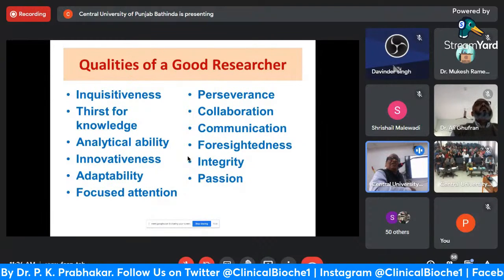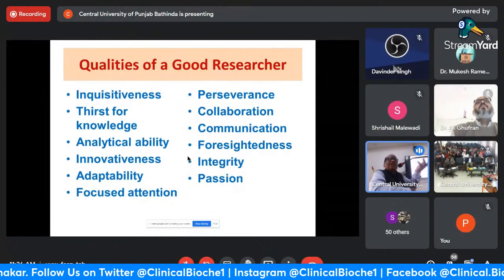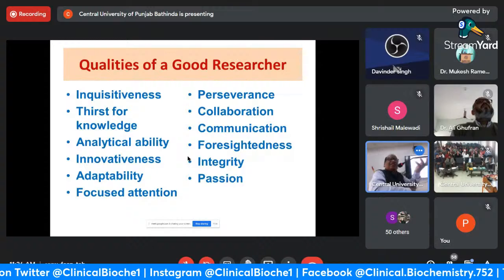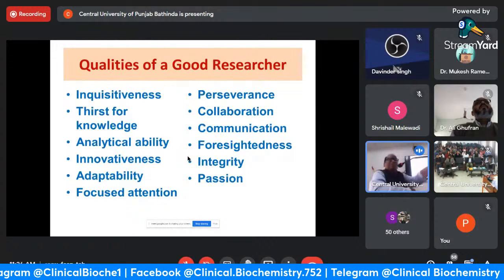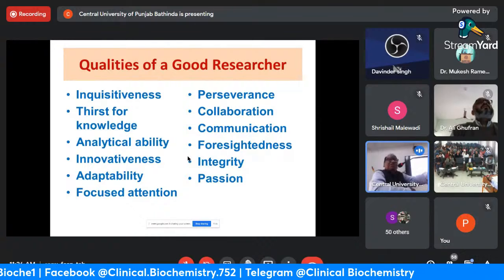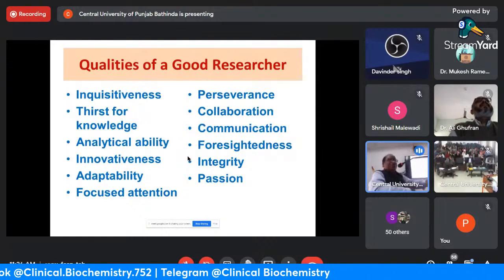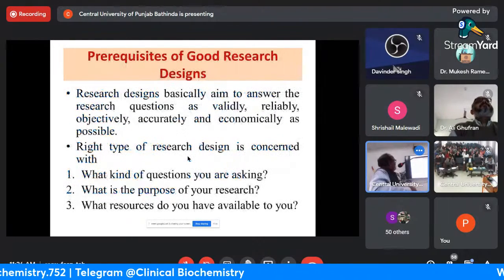Research is not simply submitting the thesis and getting a degree; that is simply a wastage of time. The degree is essential, but contribution to the field of knowledge and to society is equally essential.